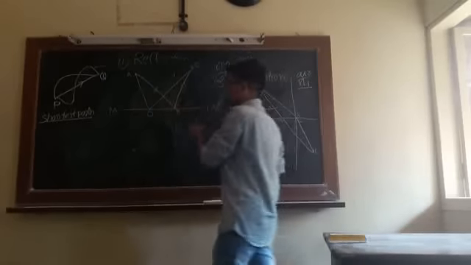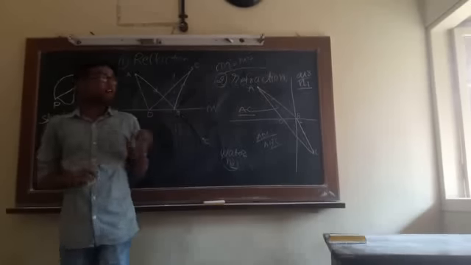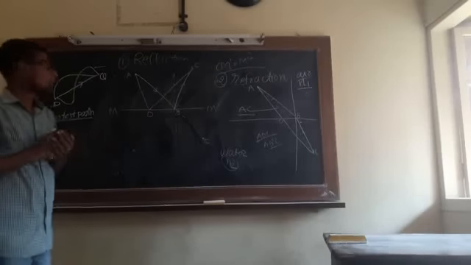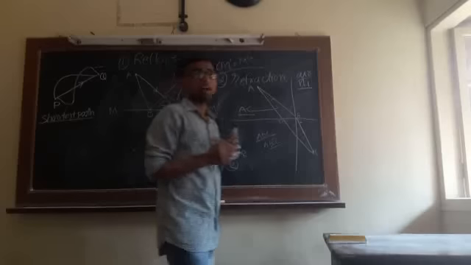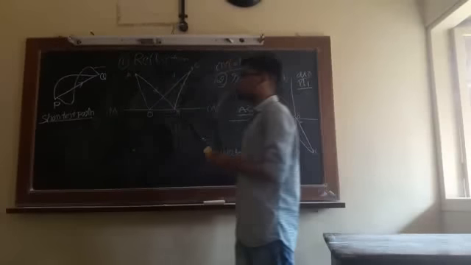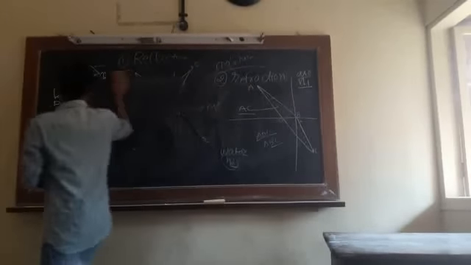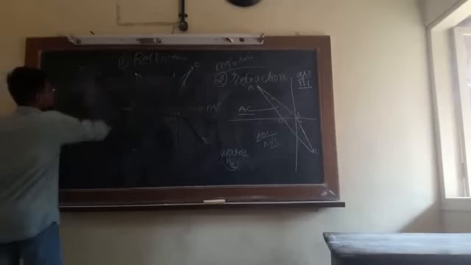So from these 3 cases, our French mathematician Fermat said that we can replace the law of shortest path by the law of least time. So what is the principle?